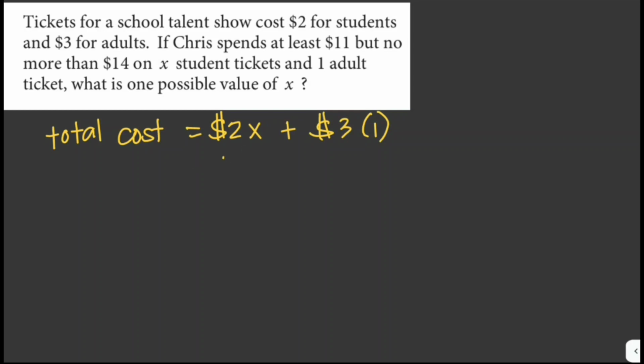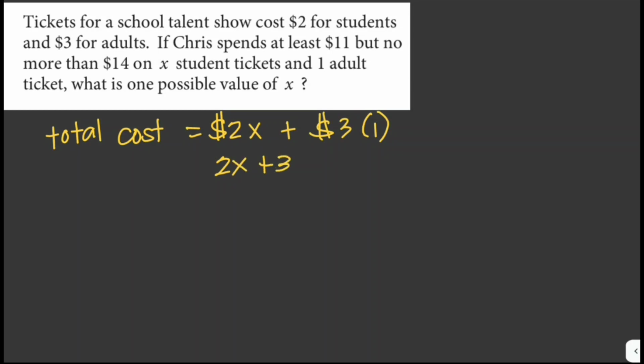Since each student ticket here costs $2 and each adult ticket costs $3, the total amount in dollars that Chris spends on X student tickets and one adult ticket would be $2 times X students plus $3 times one adult. So we have an expression 2x plus 3.